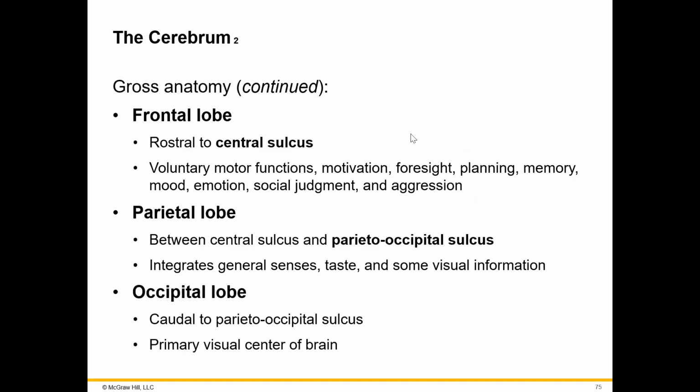The cerebrum has the frontal lobe and the parietal lobe, matching the bones. We talked about this in the beginning. Frontal bone, frontal lobe. Occipital bone, occipital lobe. Parietal bone, parietal lobe. Temporal bone, temporal lobes. In 1848, more than 100 years ago, there was this man.